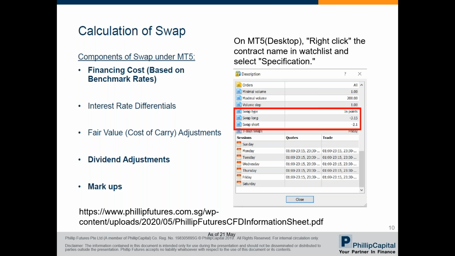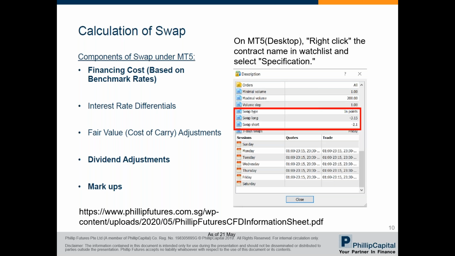The applicable holding rate differs across various underlying assets and is a function of the following: financing costs based on the benchmark rates, as this is a leverage product so there are financing costs incurred, interest rate differentials, the cost of carry adjustments, dividend adjustments, that's for share CFDs, and markups. This is all transparent and available when you open a live account.